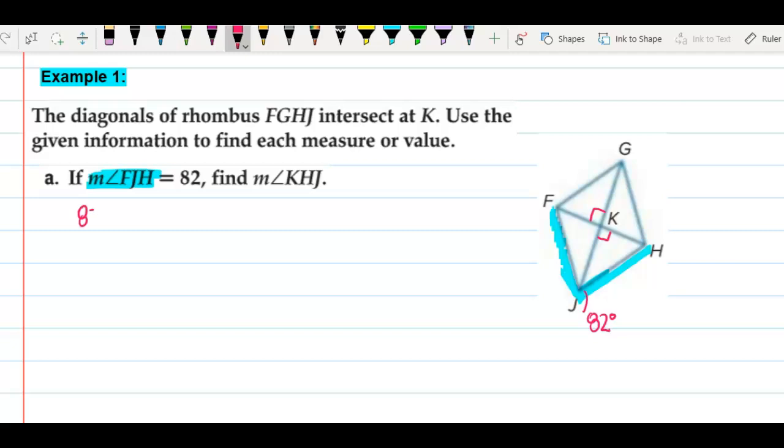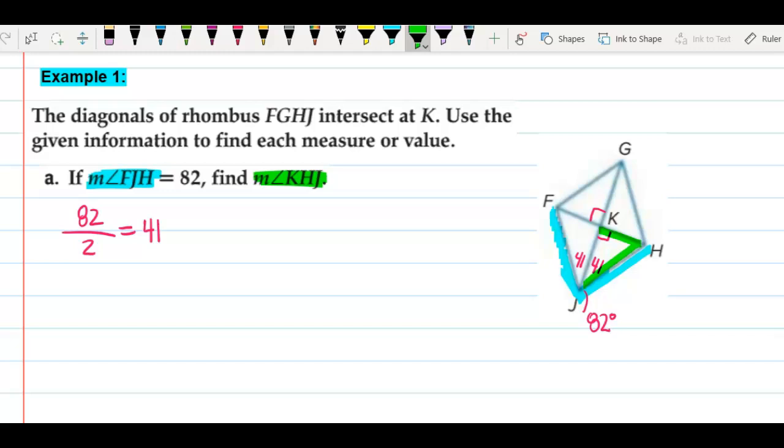So if we take 82 and divide it by 2, each side of J is split into 41 degrees. We are trying to find angle KHJ, so K to H down to J. We're just looking for that tiny piece of H.